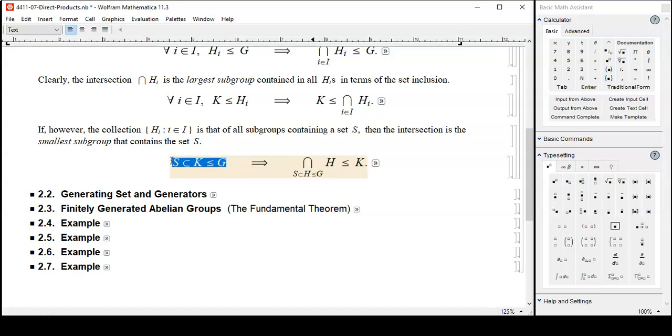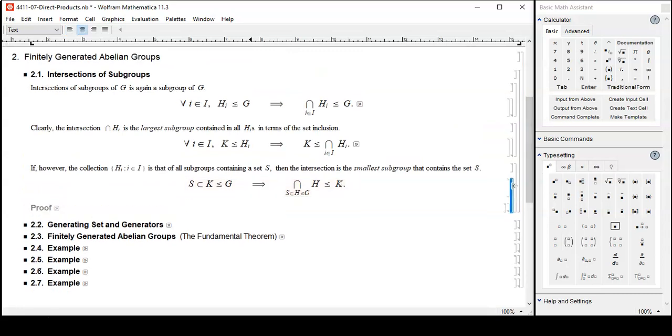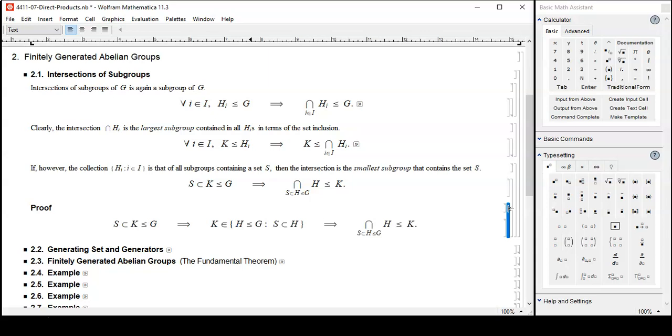And look at this condition versus this one here. They are the same. Do you see that? Just the character is different, H versus K. In other words, K is actually a member of that collection. You see, K is a subgroup of G that contains S. Then it's a member of all subgroups of G that contain S. And the intersection is the intersection of all the subgroups in this collection, and K is one of them, so the intersection must be smaller, you see.